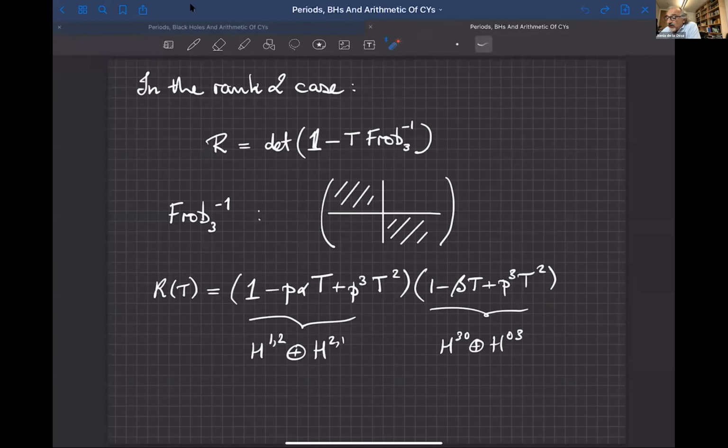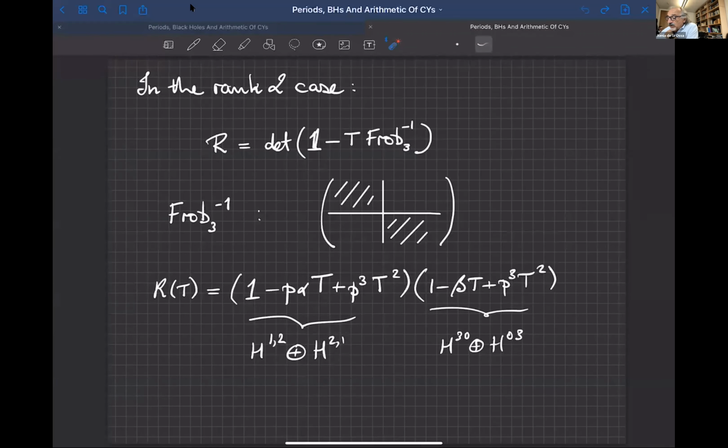And so when you take the determinant, instead of taking a determinant of a 4 by 4 matrix, in fact this reduces to 2 by 2 determinants. And so R of t factorizes in this nice way, that the quartic factorizes over the integers into 2 quadratic factors.